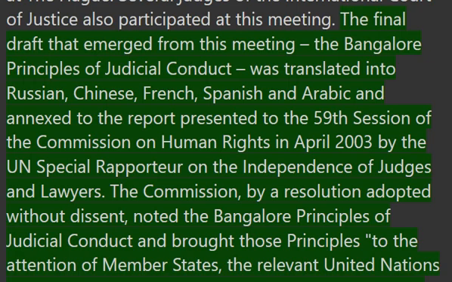The Commission, by a resolution adopted without dissent, noted the Bangalore Principles of Judicial Conduct and brought those principles to the attention of member states, the relevant United Nations organs and intergovernmental and non-governmental organizations for their consideration.